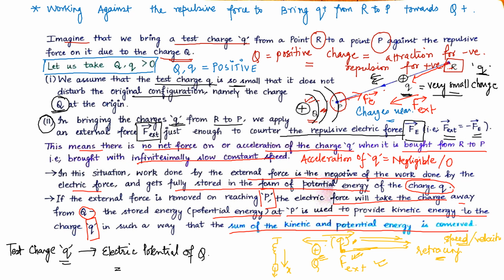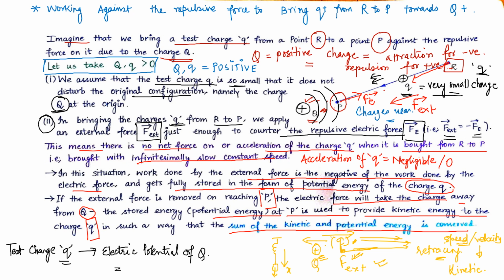Due to this speed or velocity, it will start gaining kinetic energy. This kinetic energy is produced due to the potential energy stored by the small q charge when it is brought from point R to point P by the external force.